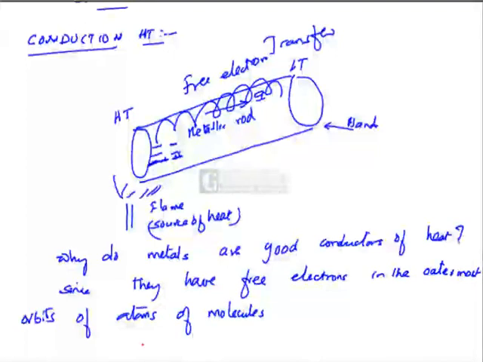That is the reason why all the metals are good conductors of heat. And also metals are good conductors of current electricity. Why are the metals good conductors of electric current and as well as good conductors of heat? Because they possess free electrons in the outermost orbits of their atoms.